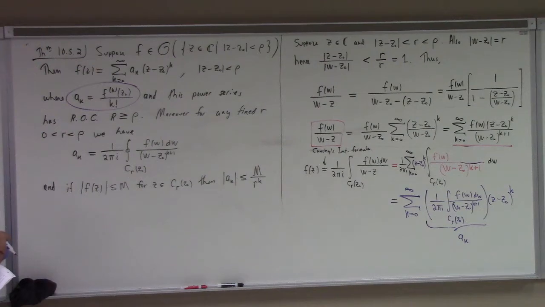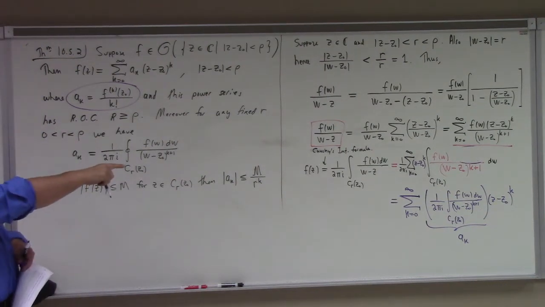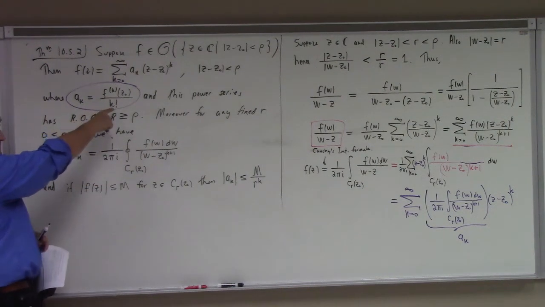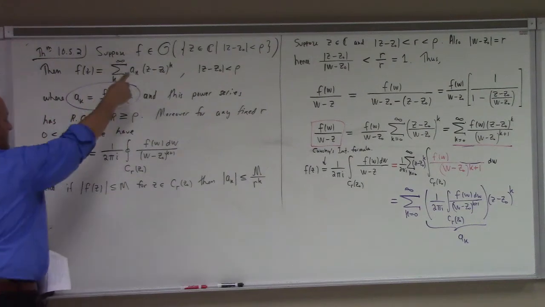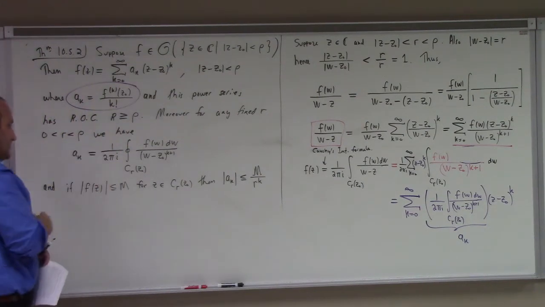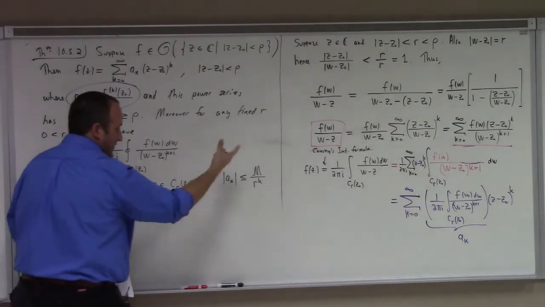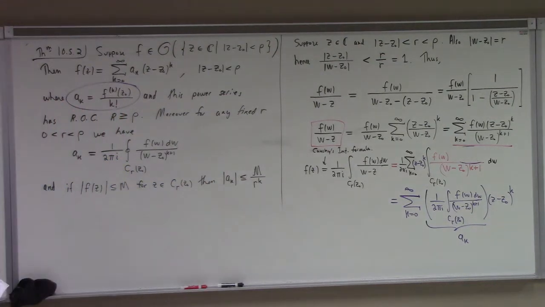Or I could use the generalized Cauchy's integral formula to convert that integral to this, whichever way you want to go. But certainly we've got that, and this bound is just the ML theorem applied in the current context to a circle of radius r. So that's it.